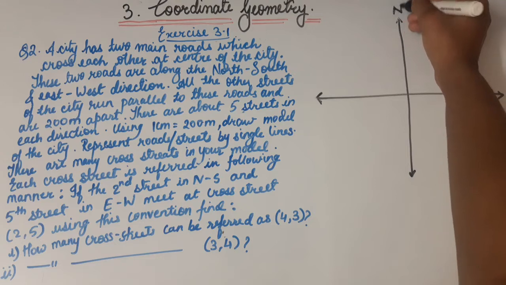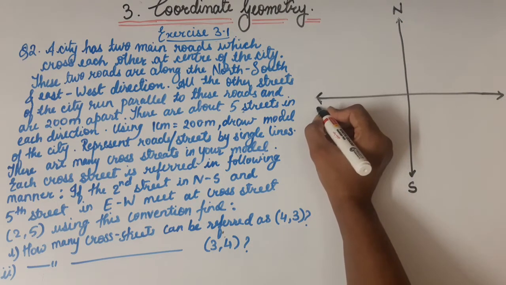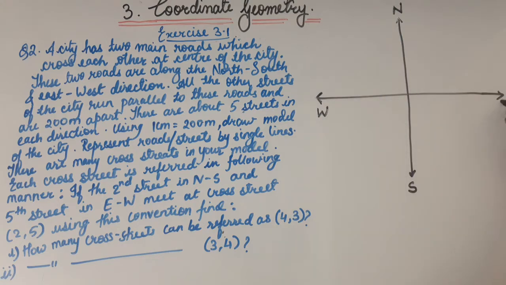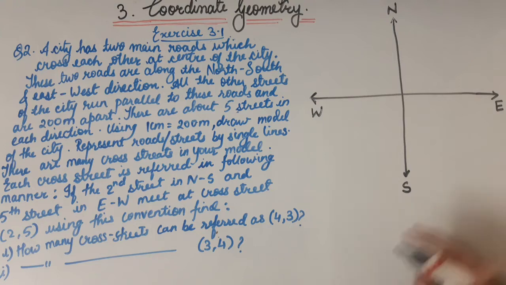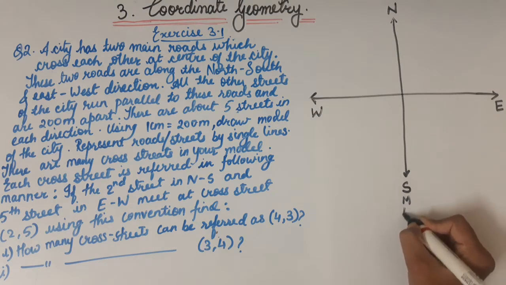So this is the north south direction main road, and this is the east west direction main road. Okay, and they are meeting at the center of the city. They are crossing at the center of the city. So let us write this as a main road.